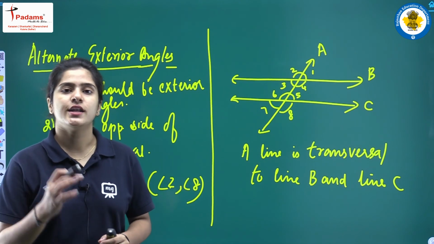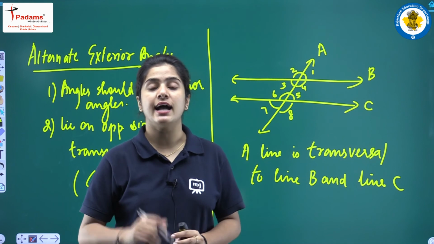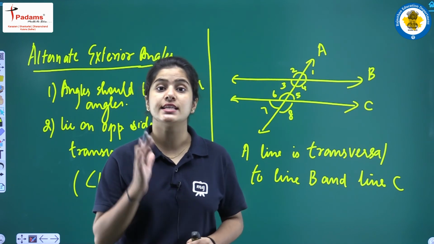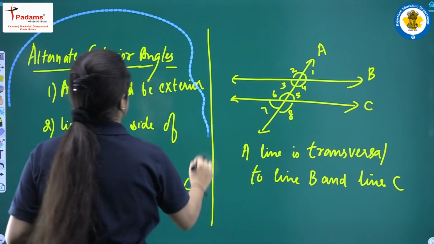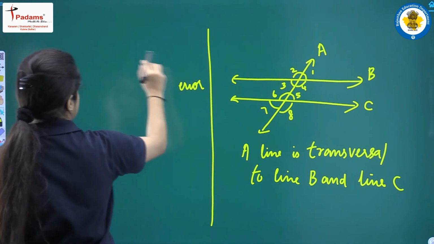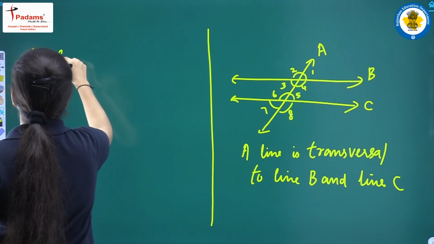Okay students, now students, last thing that we are talking about this particular concept is the angles that are lying on the same side of transversal. Okay students, angles that are lying on one side of transversal.